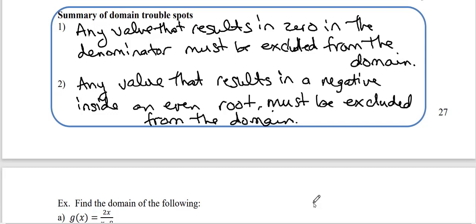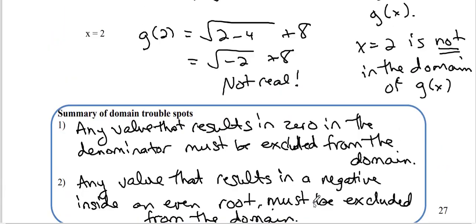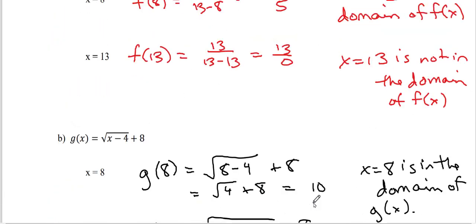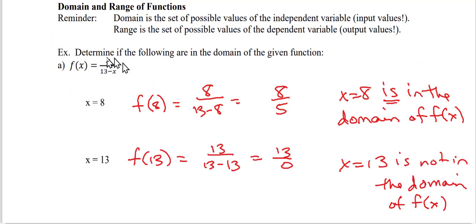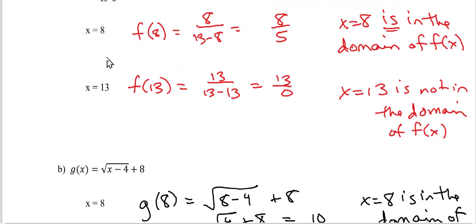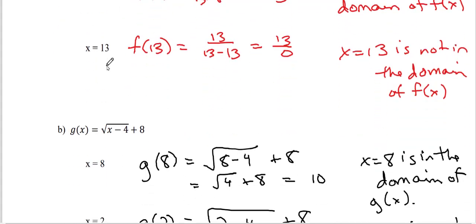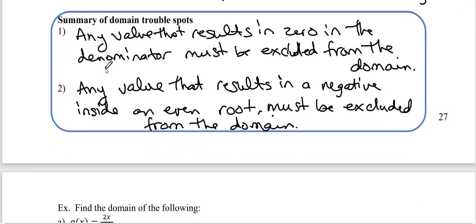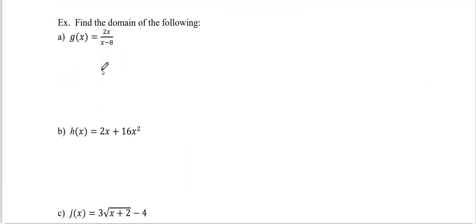Things like logarithmic functions have a special thing for their domain. But for right now, this first one's a rational function. The second one is a root function. So those are the two big things that we're looking at for right now.